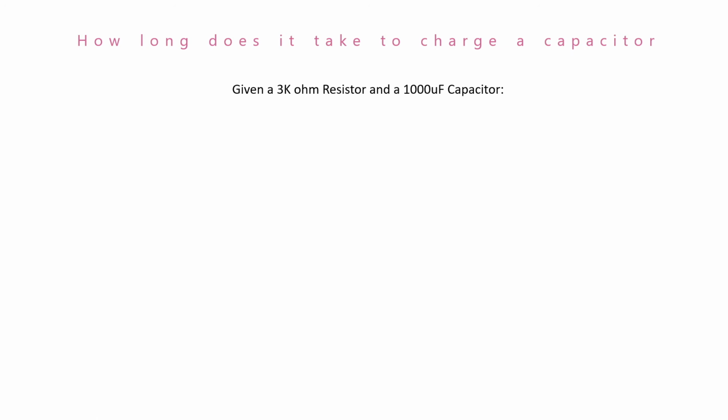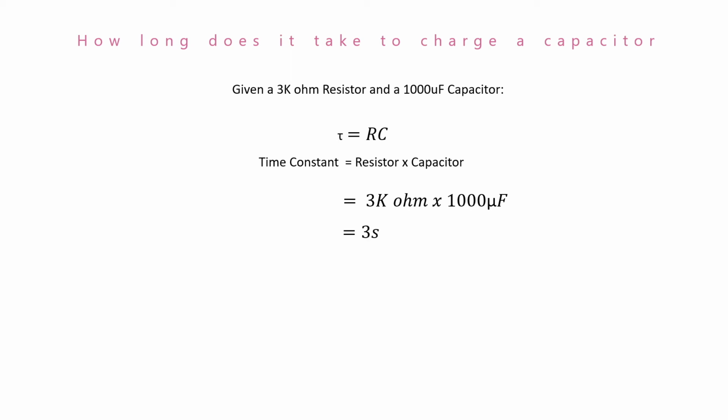To find out how long does it take to charge a capacitor, given a 3 kilo ohm resistor and a 1000 microfarad capacitor, we use the formula tau equals RC, where tau is the time constant, R and C are the resistor and the capacitor values respectively. Using 3 kilo ohms multiplied by 1000 microfarad, we get a time constant of 3 seconds.